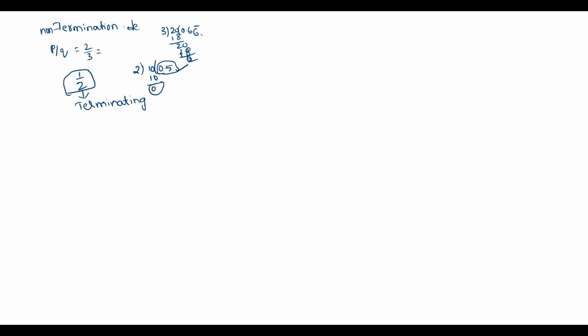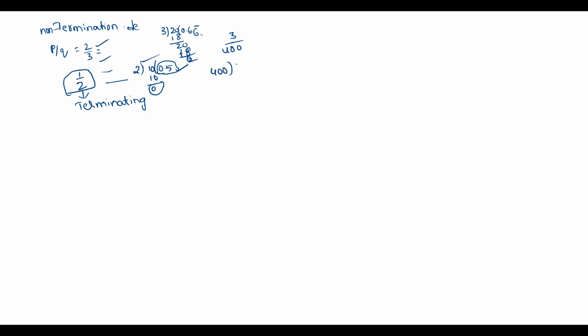In simple numbers like 2 by 3 and 1 by 2, we can easily simplify in this manner. But for large numbers like 3 by 400, we need to work hard.